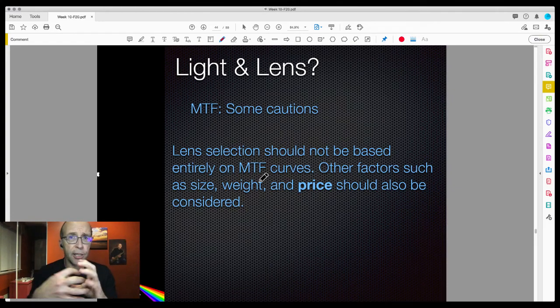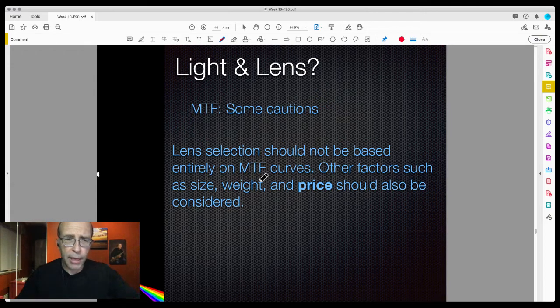Their front lenses are usually quite large, and there's a lot of lens elements to do all the corrections that are necessary. If you photograph a wedding all day and you have a heavy lens hanging around your neck, that's not a good thing either. So you've got to weigh the pros and cons. What's the most important thing to you? If it's a lens that you're using in the studio and you don't have to carry it around, then yeah, go for the heavy lens.